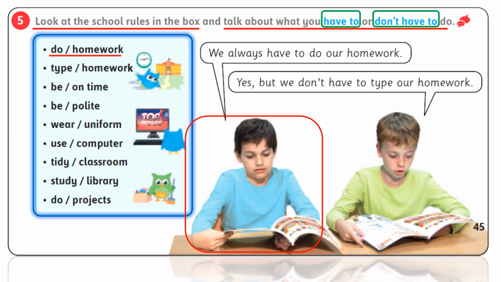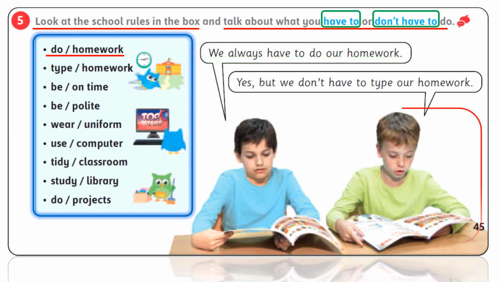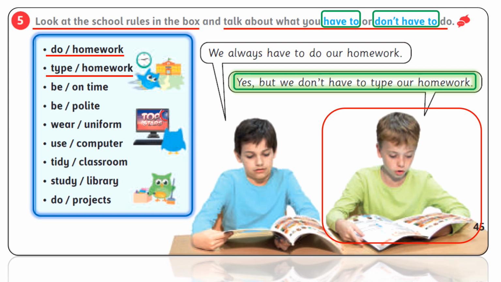He has chosen this prompt, do homework, to say we always have to do our homework. And the other boy has chosen the second prompt to respond saying yes, but we don't have to type our homework. Now, it's your turn to make sentences like these using have to and don't have to about the school rules in this box.